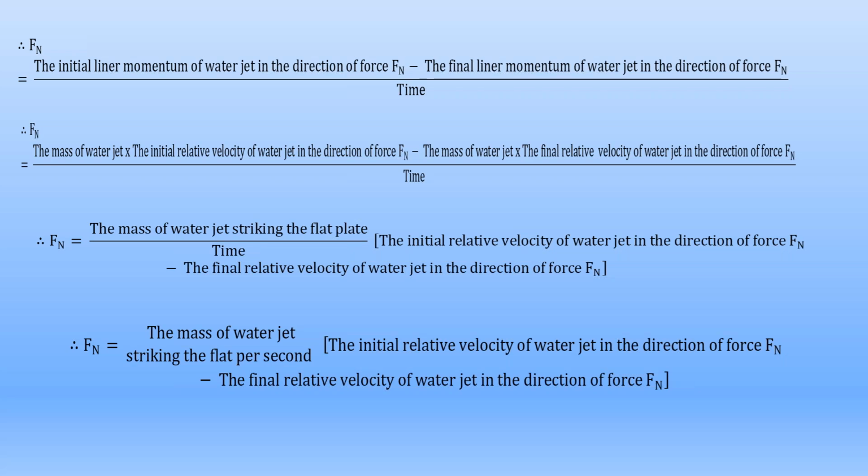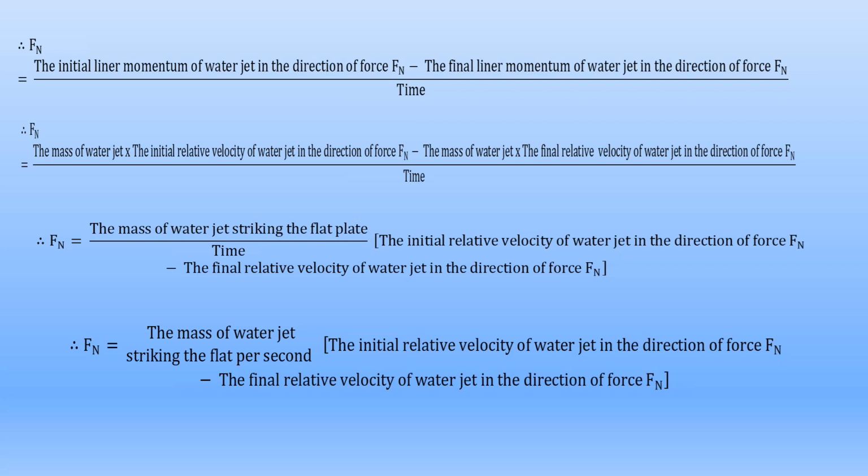The initial linear momentum is the mass of water jet into the initial relative velocity of the water jet in the direction of force Fn. Similarly, the final linear momentum is the mass of water jet into the final relative velocity of water jet in the direction of force Fn.